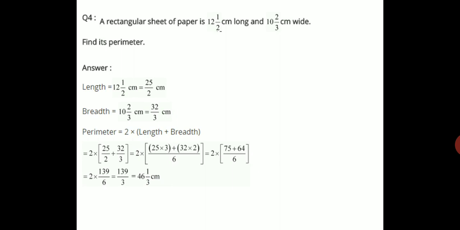So you can see the answer is coming 2 bracket 75 plus 64 by 6, and it comes 2 into 139 by 6. So you can see here it is coming, the last answer will be 139 upon 3, and upon converting into a mixed fraction, it comes 46 1 by 3 centimeter.